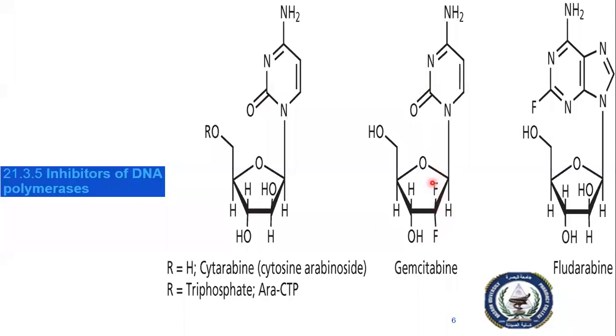The only difference between gemcitabine and cytarabine is those two fluorine atoms, and the gem name comes from these two fluorines being on the same carbon. These are gem analogs. This is fludarabine. You can see this is a purine, and these are pyrimidines. I think now you know what we mean when we say pyrimidine and purine.